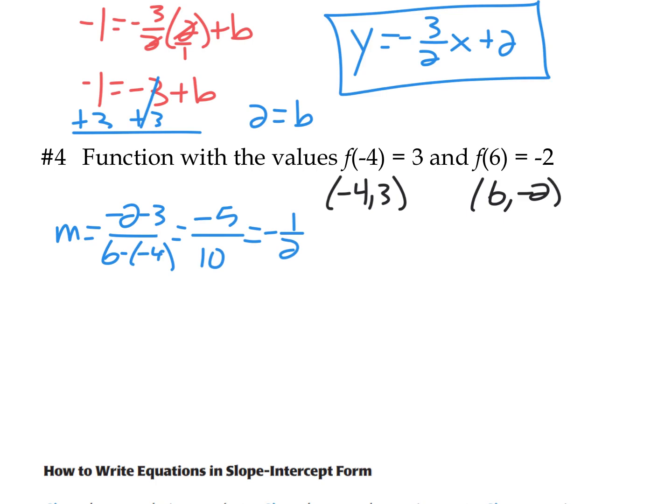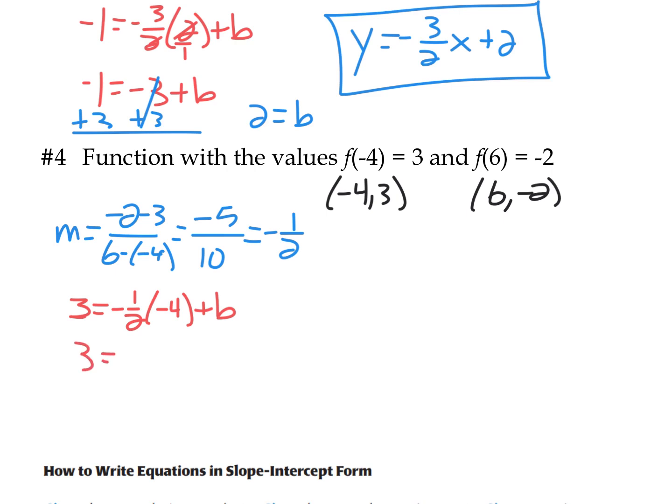It doesn't matter here. I'm going to take the first one, so I'm going to have 3 equals -1/2 times -4 plus b. So I use this point. This is my y, m I just calculated, my x, which is -4, and plus b. Again, I can solve for the b. I've got everything except the b. That means I can solve for it.